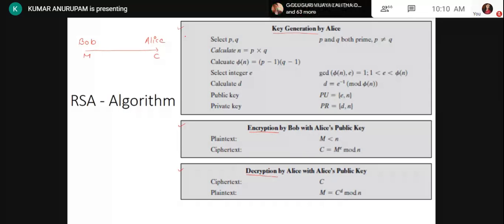Now, the first step is the key generation at Alice. We are working on how to generate the key for Alice.